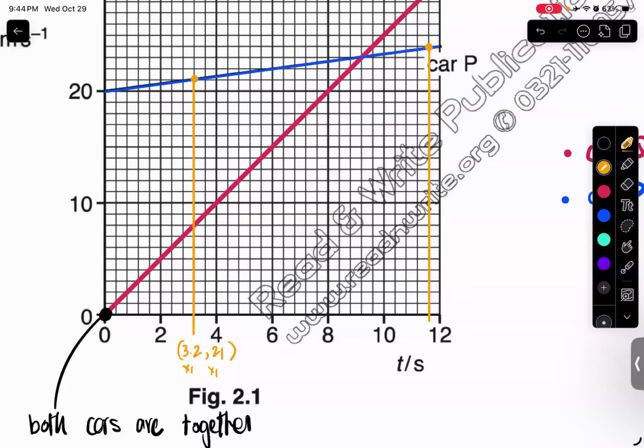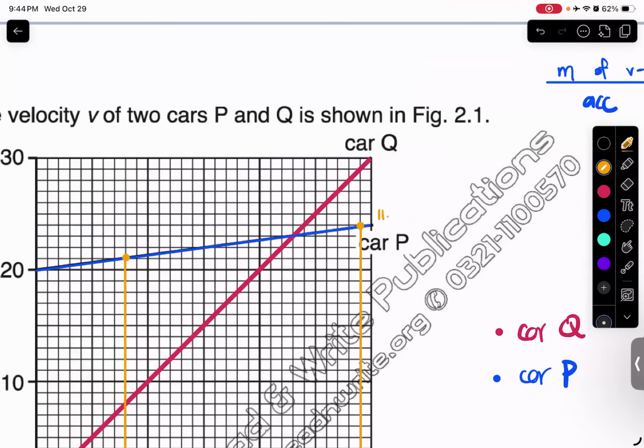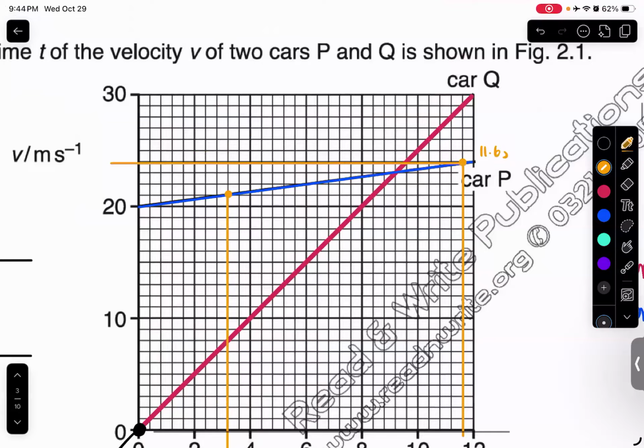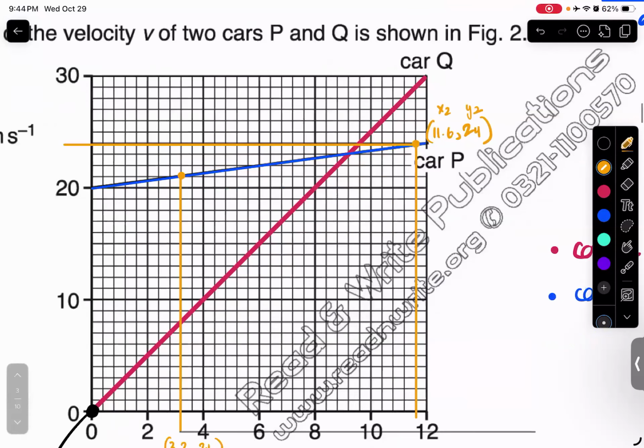This is 10.4, 10.8, 11.2, 11.6. So this is going to be 11.6. And then this is going to be, correct me if I'm reading it wrong, 21, 22, 23, 24. So 24. This is going to be x2 and this is y2.